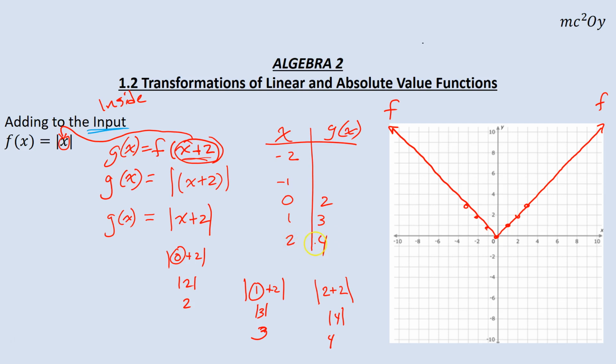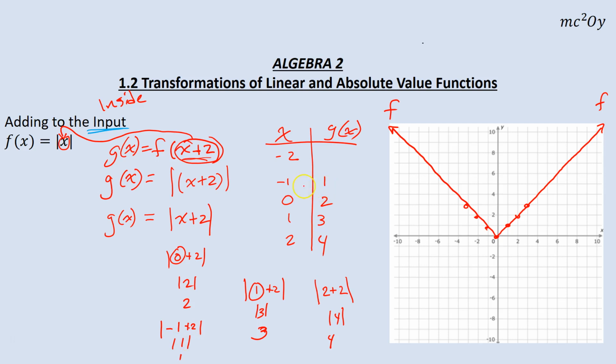Now, some would look and go, well, this one's changing again by 2. Well, let's go ahead and put an input, and I know that I'm getting kind of messy with my inputs here, but an input of -1. -1 plus 2 is 1. Gives me an output of 1.